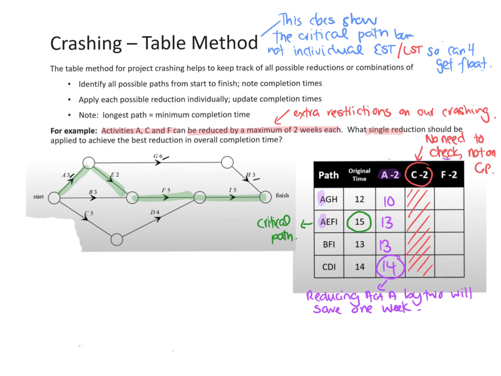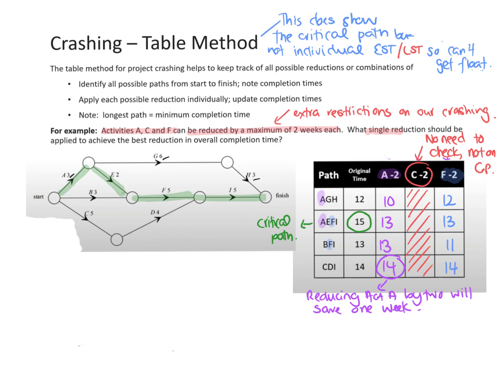Now we've got to check what F does. So F I'll do in blue. I highlight everywhere I see F, and those are the ones I'm going to take 2 off. The first one didn't have F, this one did, so it became 13. This one did, so it became 11, and this one's 14.